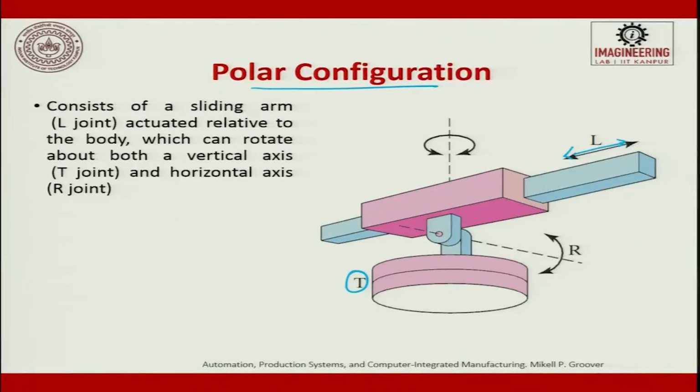So, this is L or R. This is linear, rotational, twist. So, here the vertical axis will be T and the horizontal axis will be R. So, this is called the polar configuration body arm manipulator. This will be written as TRL configuration.